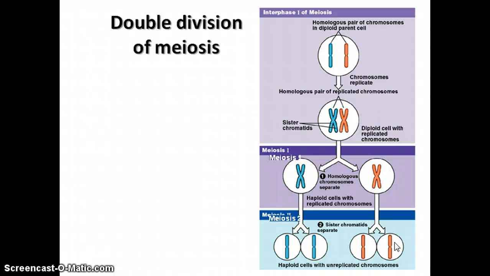Again, we have this double division idea of meiosis, and DNA replication only occurs in the first of these sets of divisions. Before the first division even occurs, DNA is replicated, and that's during interphase of the cell cycle.